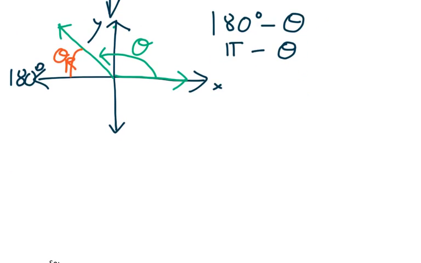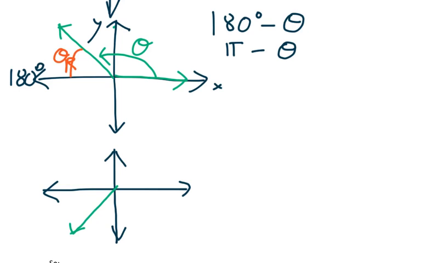Okay, what about quadrant 3? Well, let's see. It's really the same idea. Well, it's similar, I should say. So theta's down here now. Okay, well, as I said just shortly before, theta sub r is this. So again, this being 180 degrees, how can you recover this angle here?